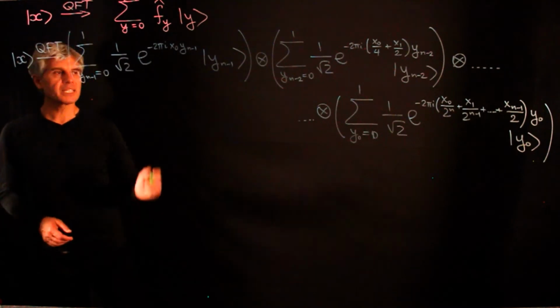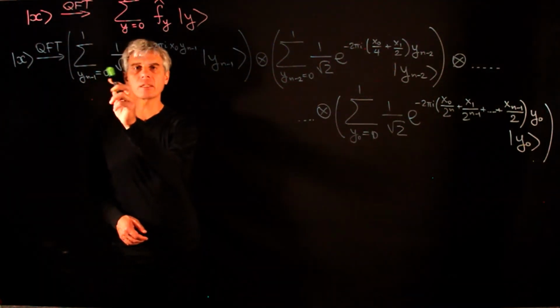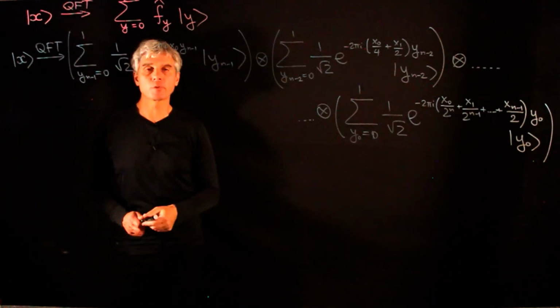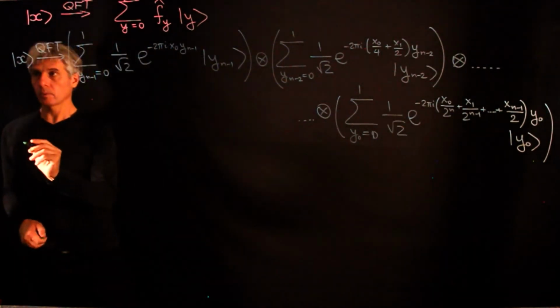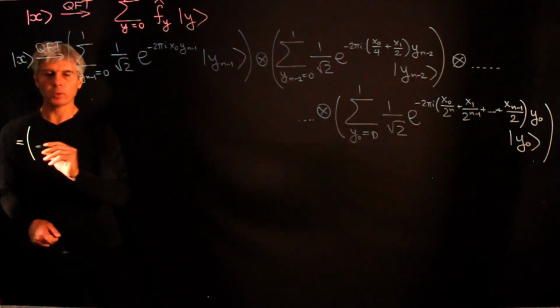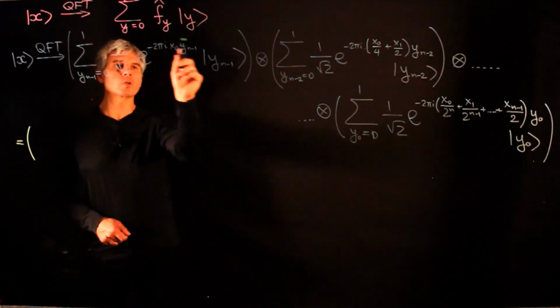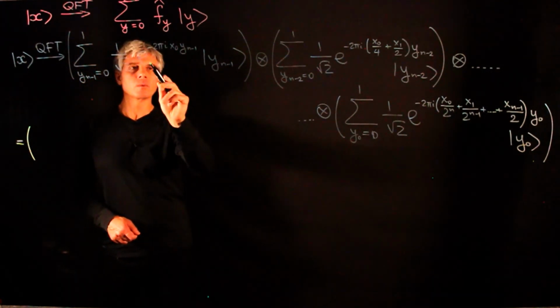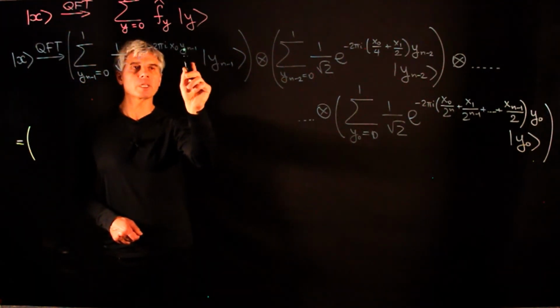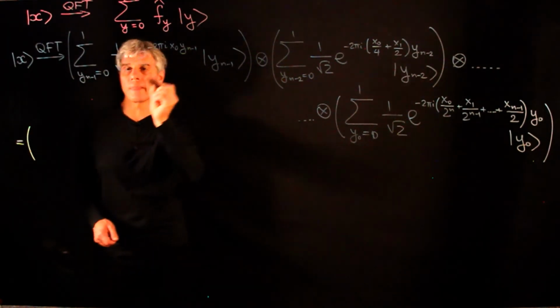In order to understand this state better, let us write each sum as a sum of two terms. So what we will get here is the following. If y_{n-1} is equal to 0, what's the value of this exponential? Well, if y_{n-1} is equal to 0, then this exponential becomes e to the 0, or 1.